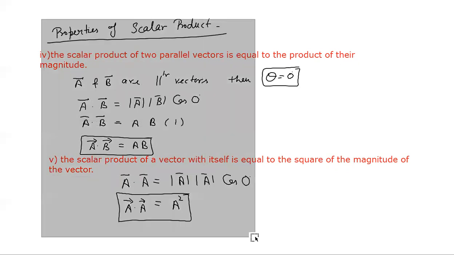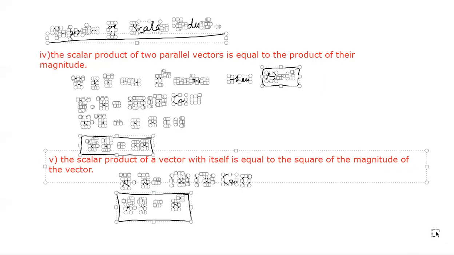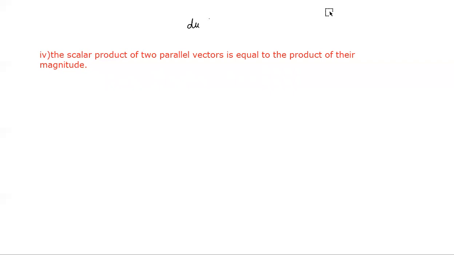Now the sixth property. Are all five properties clear to all of you? Now the sixth property, all of you write. The main heading is properties of a scalar product, and the sixth property is the scalar product of unit orthogonal vectors.